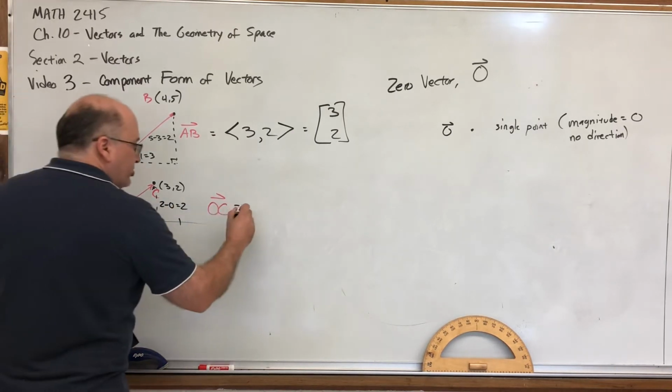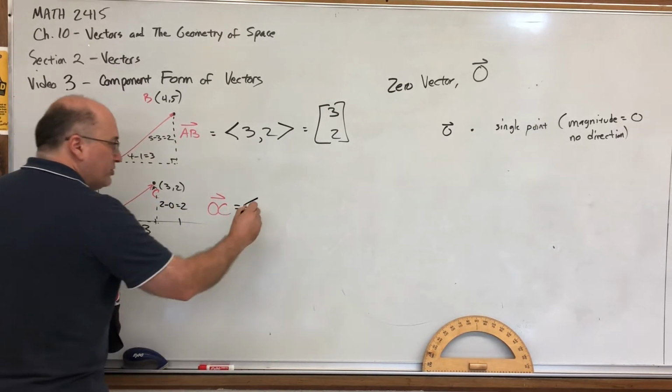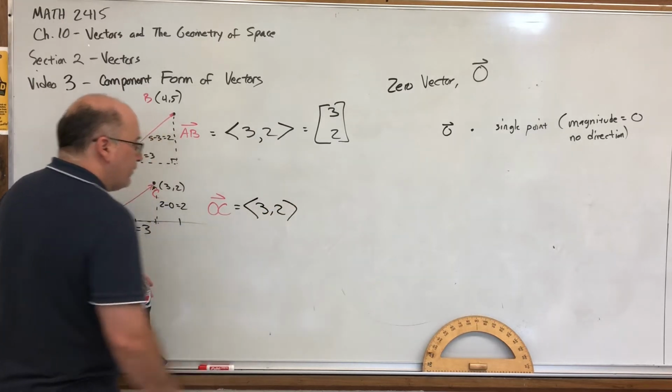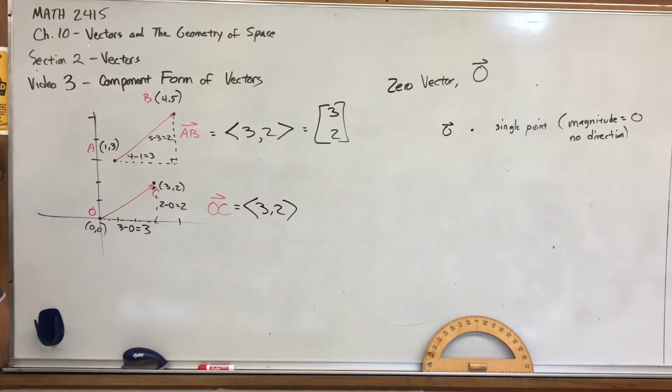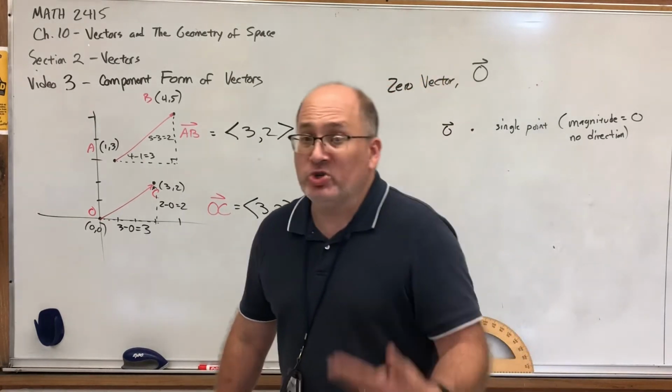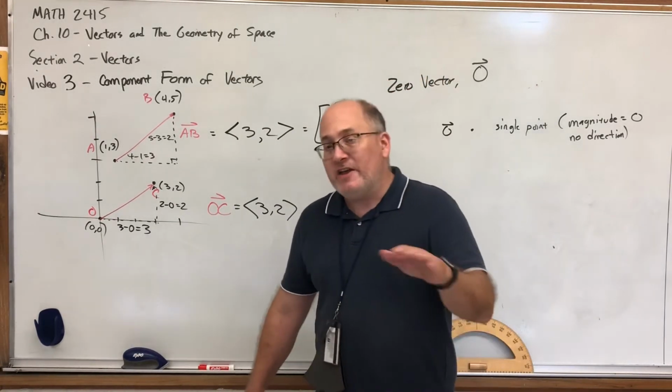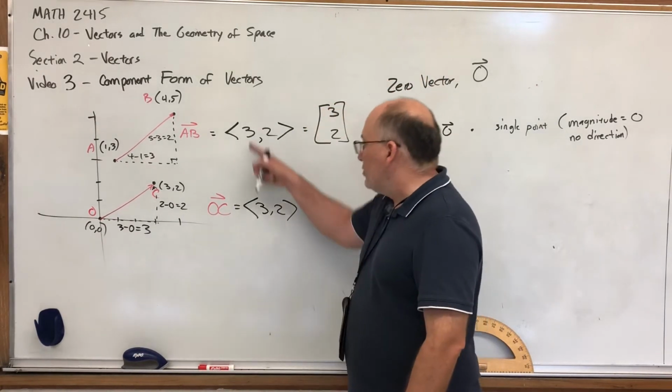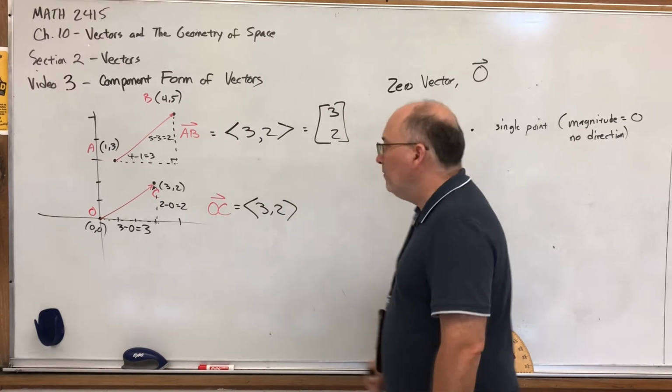So vector OC in terms of components is also 3, 2, which is further confirmation that these two vectors were the same because their components were equal. In fact, that is the definition of equal vectors in component form. Two vectors in component forms are equal if and only if their corresponding components are equal.